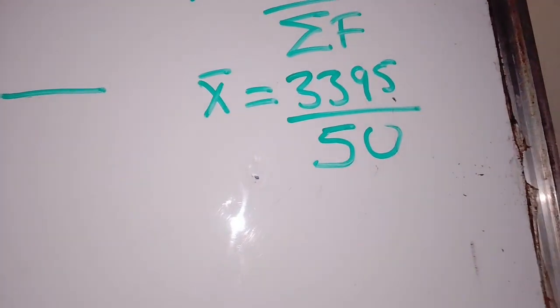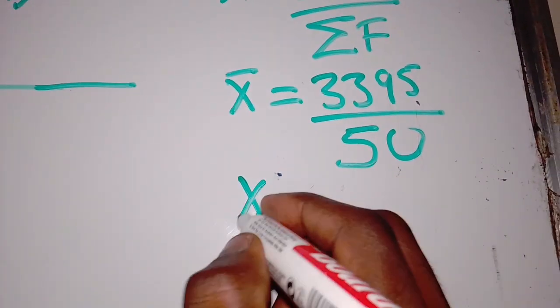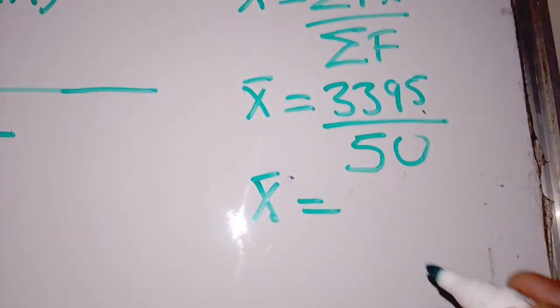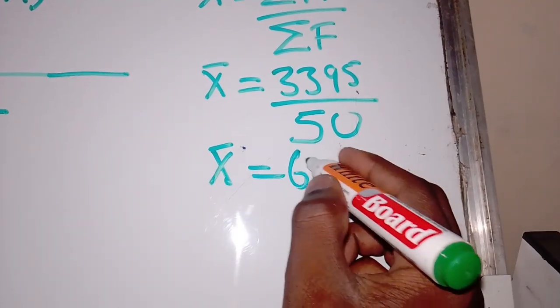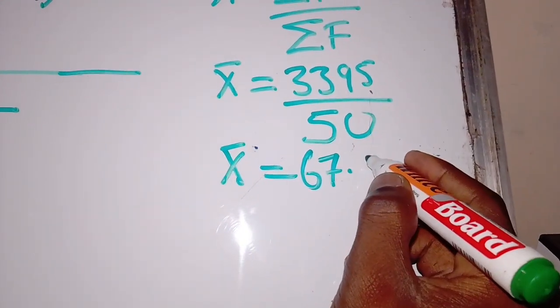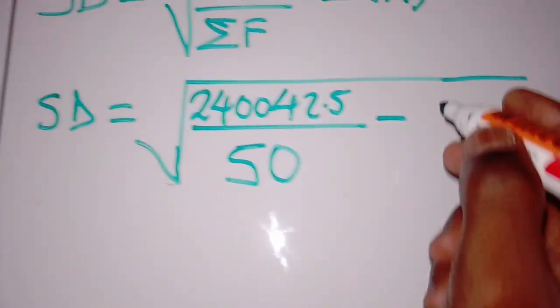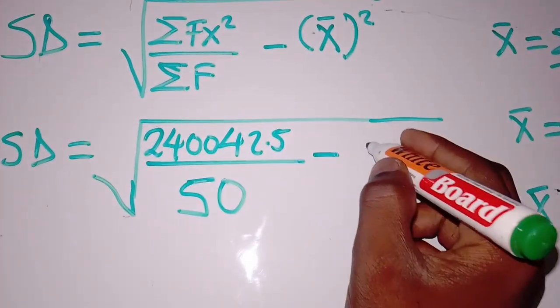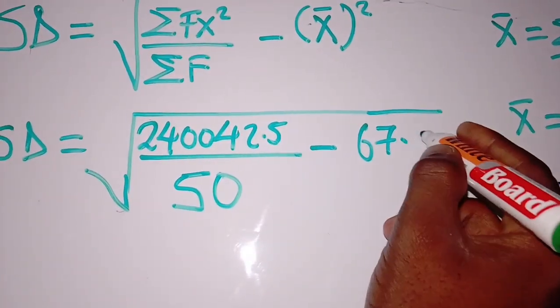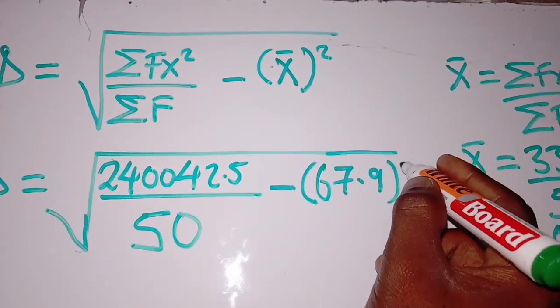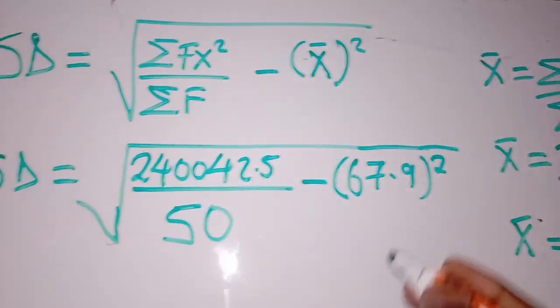So what do we get when we divide? We get 67.9. That's our mean. Remember, it is squared, so we put it between brackets and then we square.